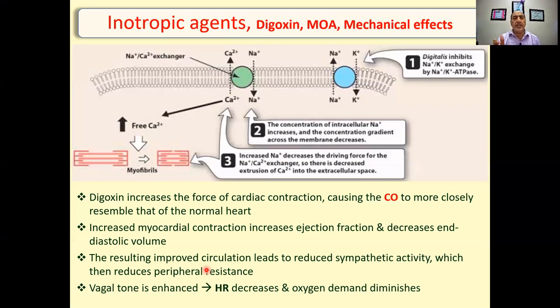They increase contractility within the normal therapeutic dose. They should not increase the heart rate. Actually, it should decrease the heart rate. So all of these are the mechanical effects of digoxin. The increased contractility is a mechanical effect. The decreased heart rate is also a mechanical effect, which results in decreased oxygen demand.